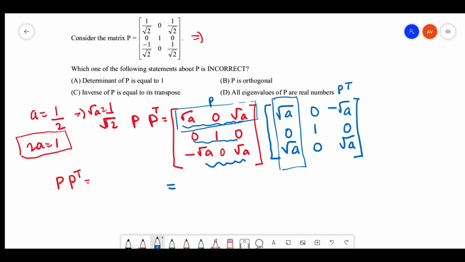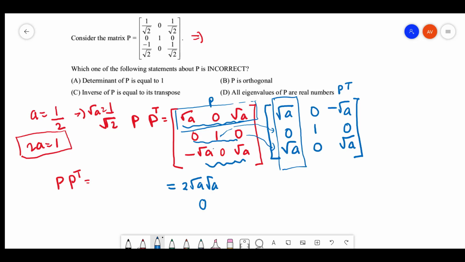First is root a into root a plus 0 plus root a into root a, so we get 2a. Next is 0 into root a, 1 into 0, and 0 into root a, so that is 0.